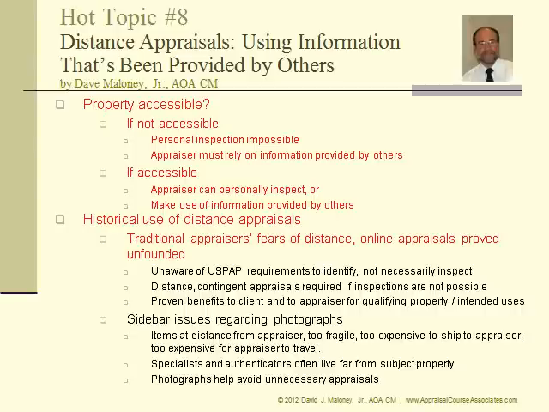Those who objected to the use of photographs and other information provided by others in lieu of a personal inspection might have been unaware that USPAP permits identifying the property and its value-relevant characteristics in ways other than by personal observations.